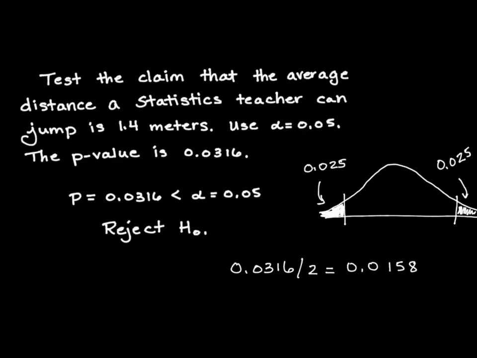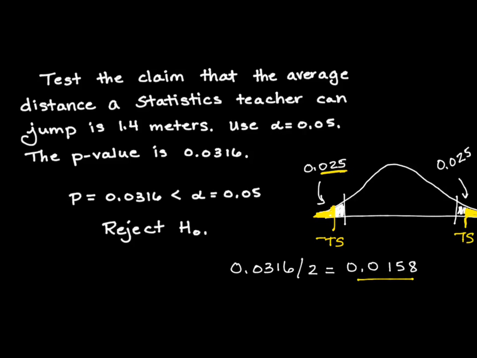And so what does this mean? It means that the p-value is going to take up less space than our significance level. So the p-value is smaller than alpha. And if we had calculated our test statistic, this would be the negative of the test statistic, and this would be the positive version of the test statistic.